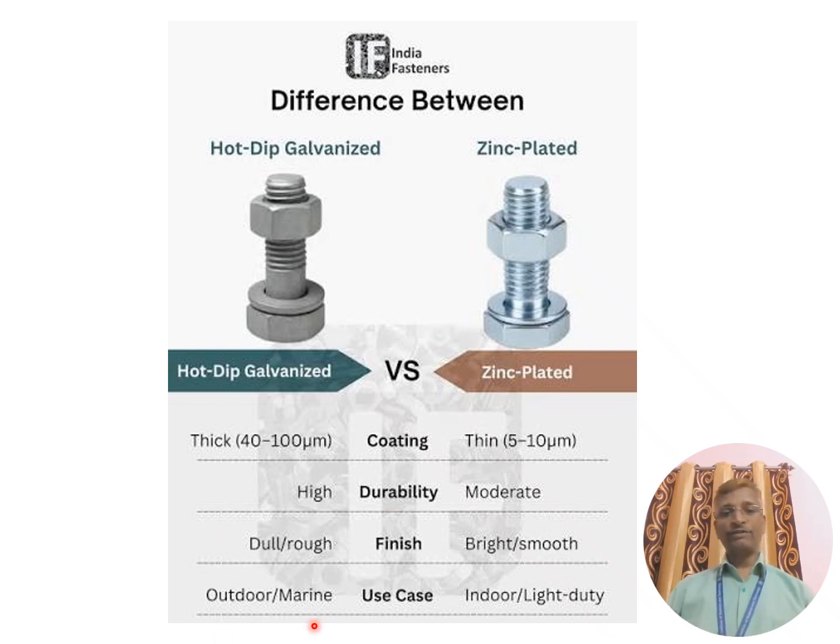This is for outdoor use, marine and other engineering related things. This is indoor light duty. Whatever we are using in our home construction and other things, we are using zinc plated, not hot dip. So hot dip is mostly used in outdoor and engineering industries.